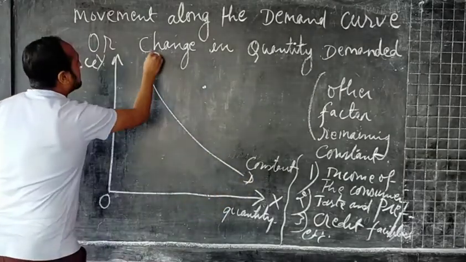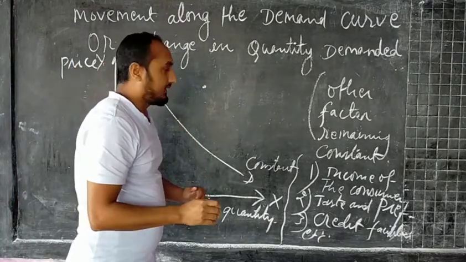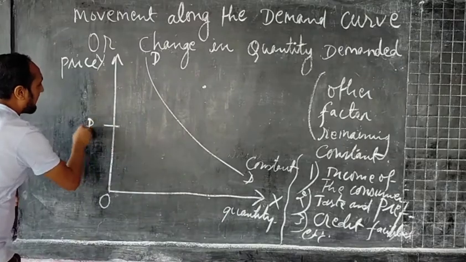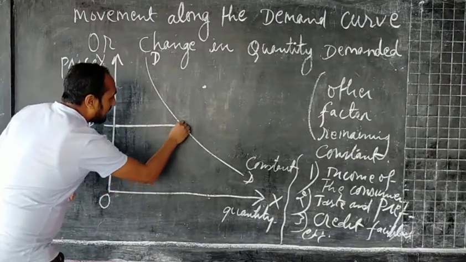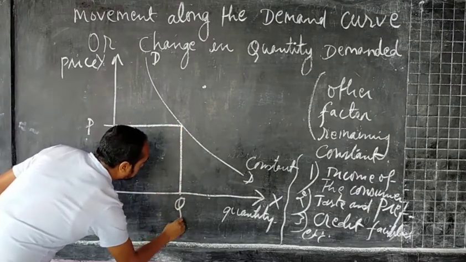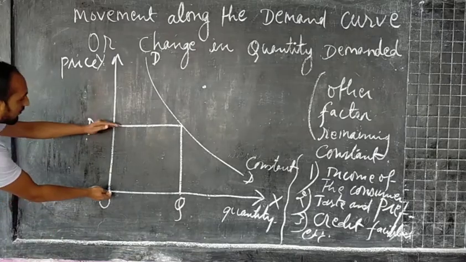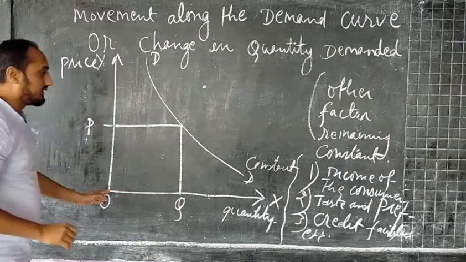Let's consider two axes, the x-axis and y-axis. This is your origin. On the x-axis we measure the quantity demanded, and on the y-axis we measure the price. DD is the demand curve, and P is the initial price and Q the initial quantity. So OP is the initial price and OQ is the initial quantity.